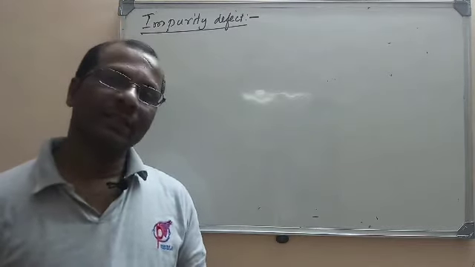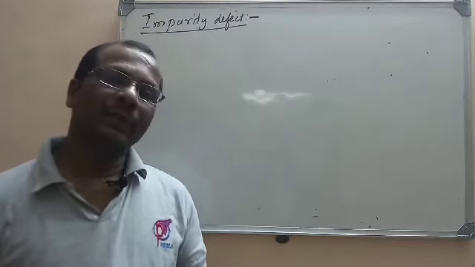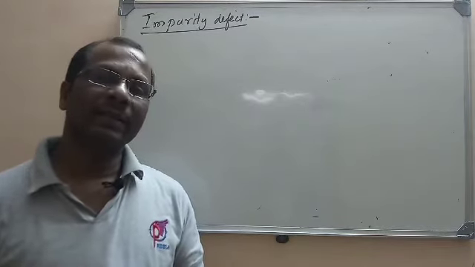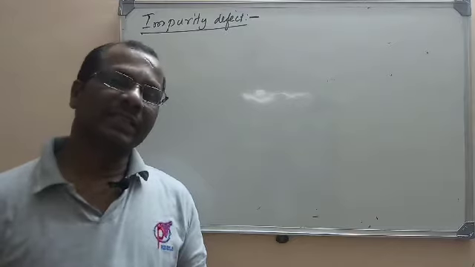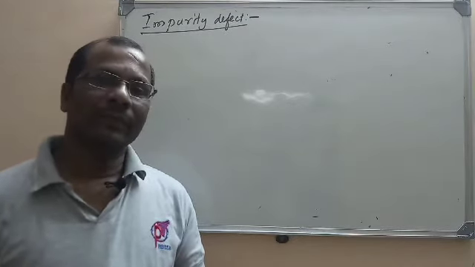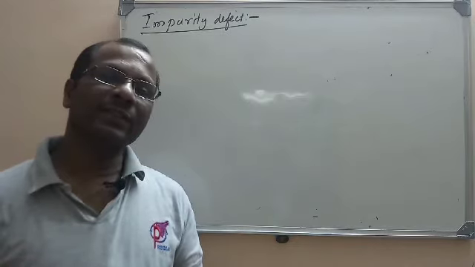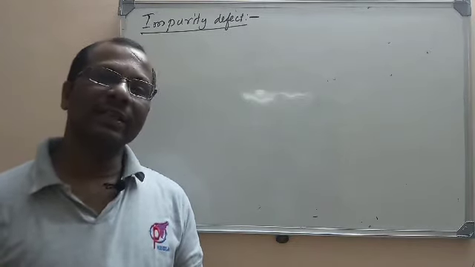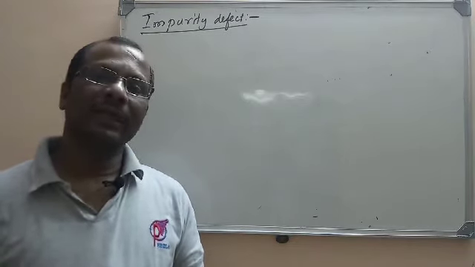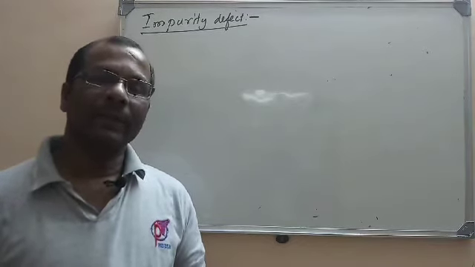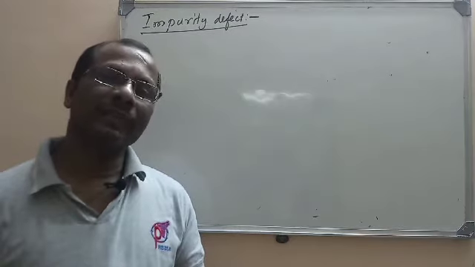I told you that in Frenkel defect, one or some of the cations migrate to the interstitial site, and in Frenkel defect there is no change in the density. It is also called a dislocation defect.